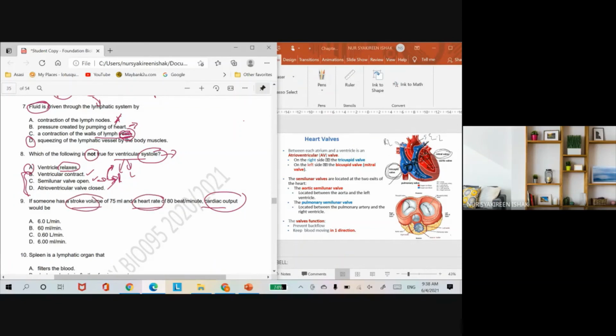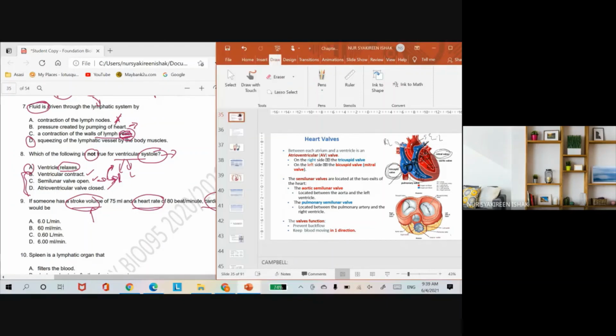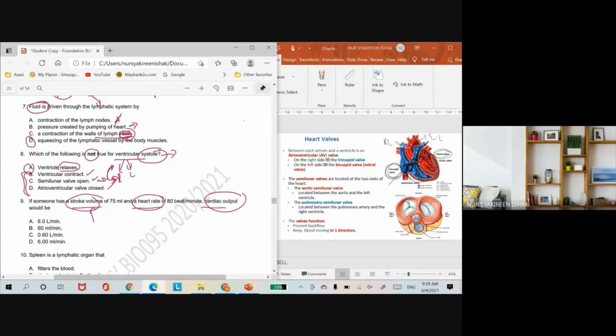So what is stroke volume? Stroke volume is the amount of blood pumped by each ventricle in each heartbeat, so per heartbeat. It is how much blood is pumped out by the ventricle every time the ventricle contracts. So that is stroke volume.